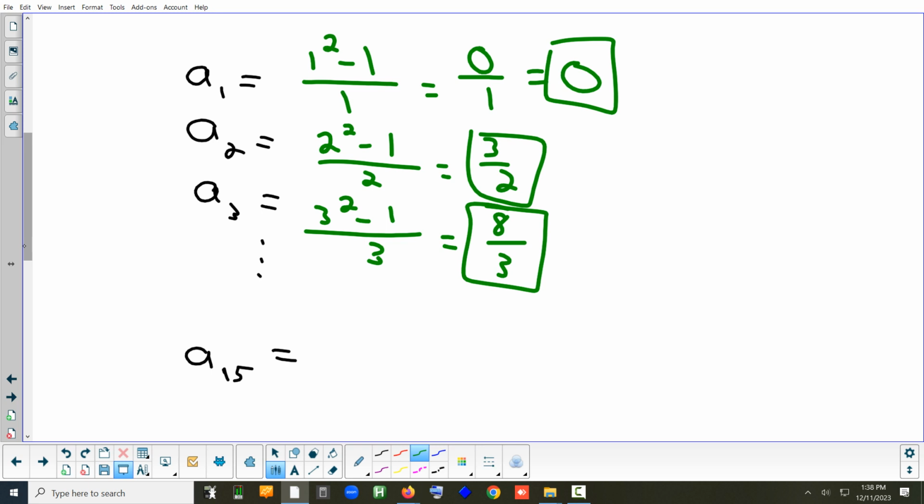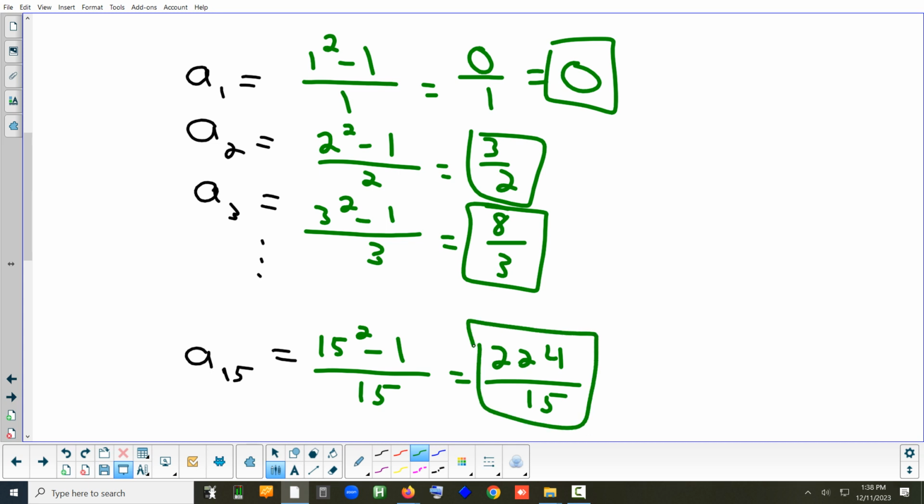For that one, plug in 15 for n. What's 15 squared? 225. 225 minus 1 is 224 divided by 15.